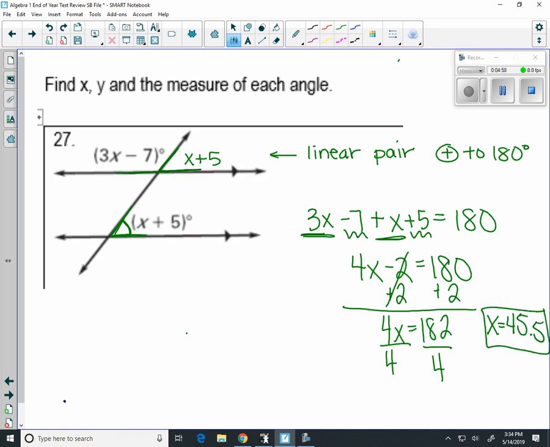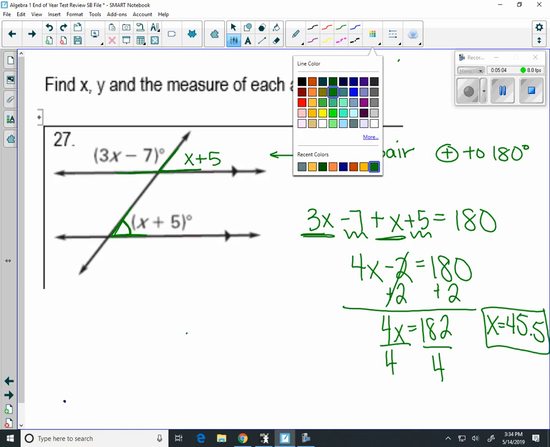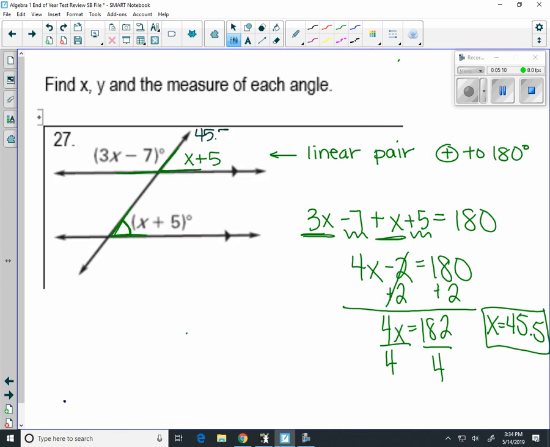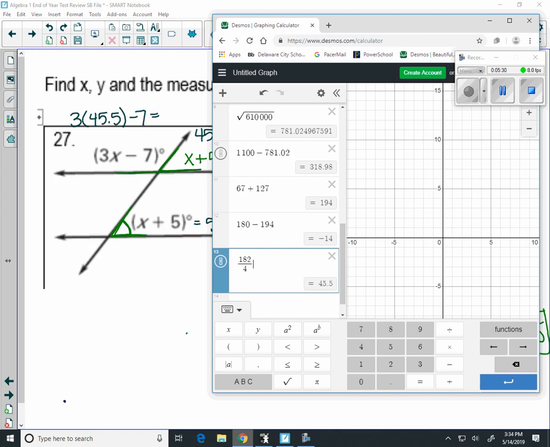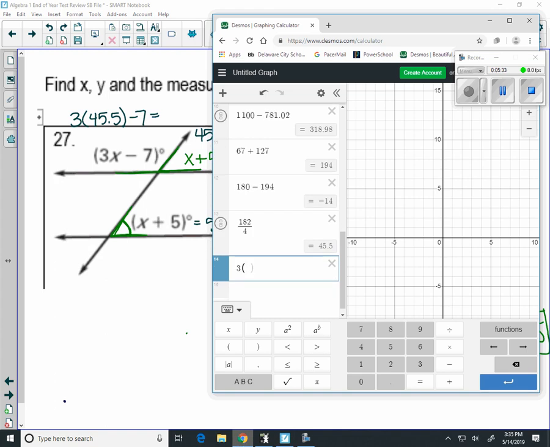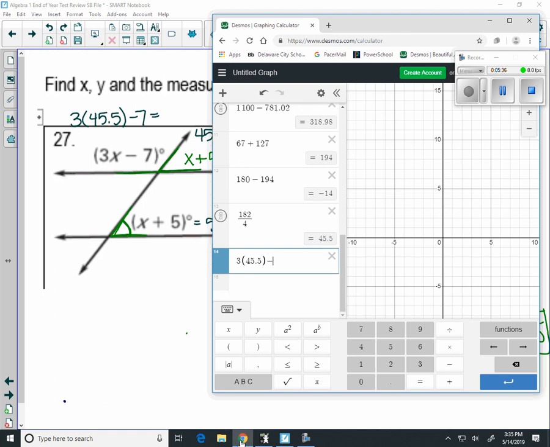So we're going to plug that in to find our angles. 45.5 plus 5 is going to give me 50.5. When I plug it in here, 3 times 45.5 minus 7, just put that into decimals. That's going to give me 129.5.